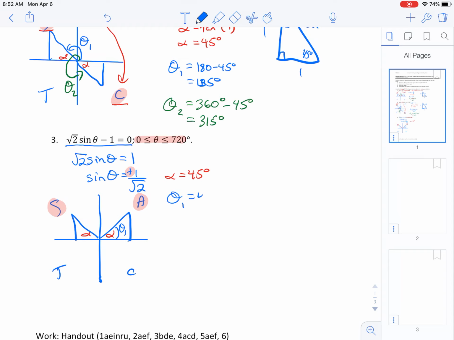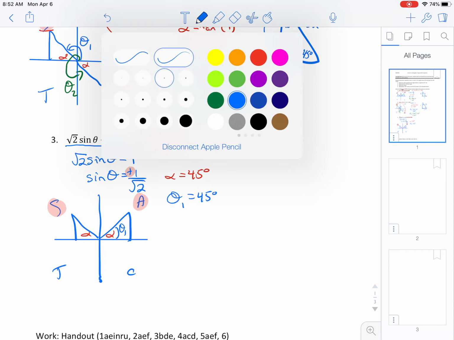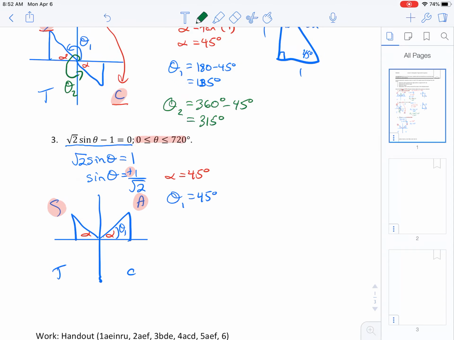So I'm just going to draw in my theta 1. Theta 1 is the same thing because it's in that first quadrant. And then theta 2 is this one. So that's 180 minus 45, which gives me 135. So that gives me the two angles that are between 0 and 360.